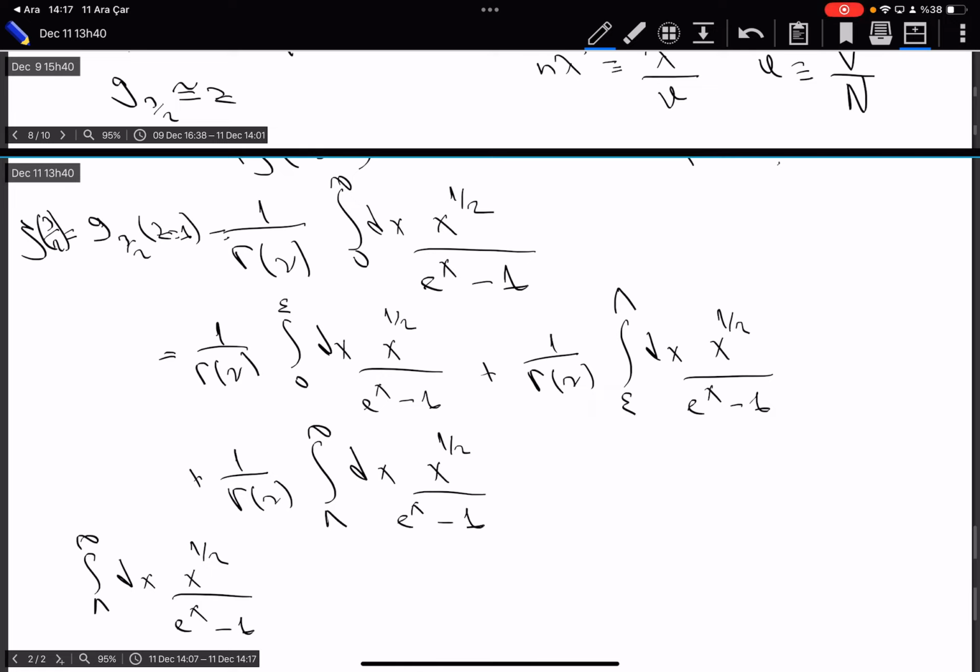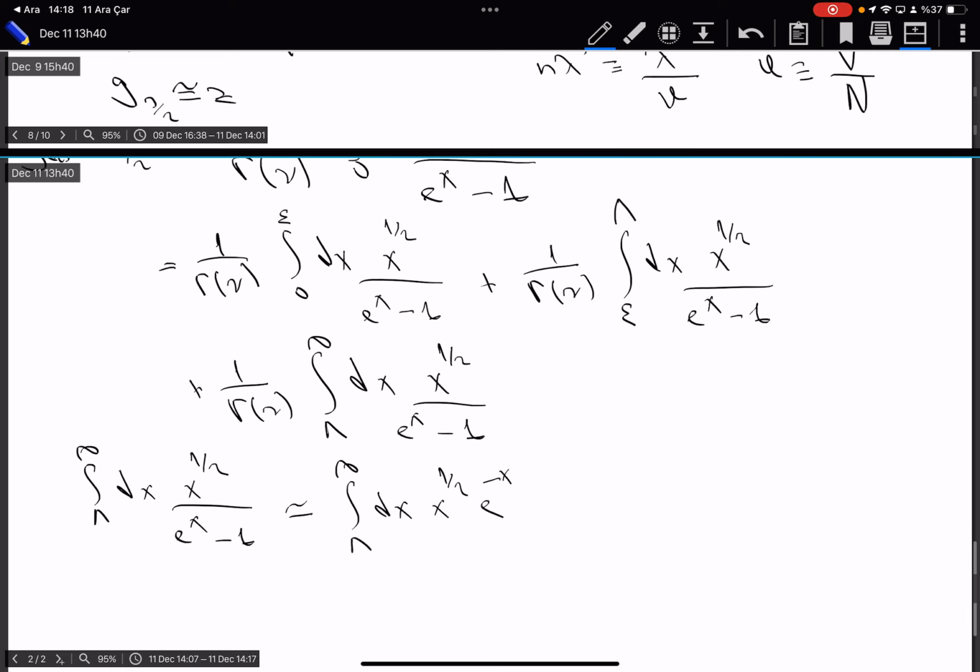You see, lambda is very huge. So x is a very huge number within this integral. Finite, but a very huge number. But in that case, e to the power x is much larger than 1, so I can just ignore 1. And this is definitely convergent.